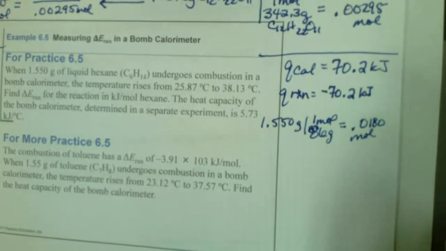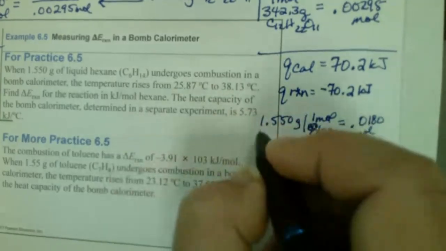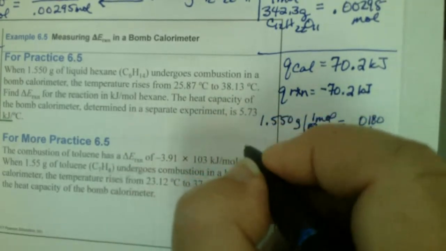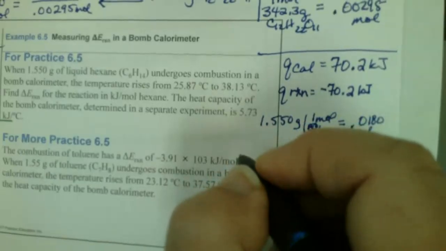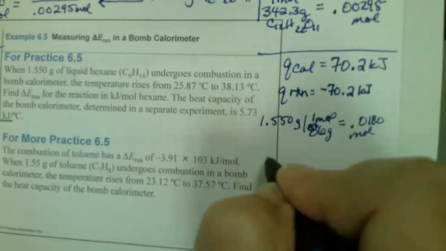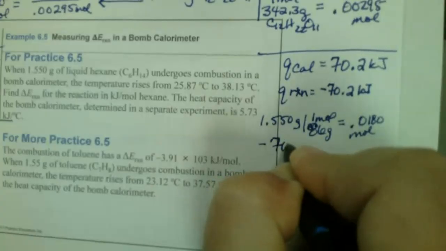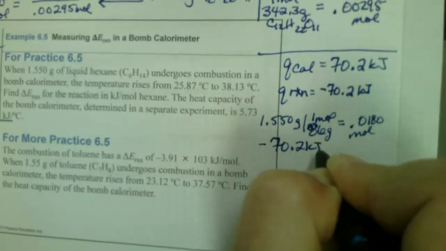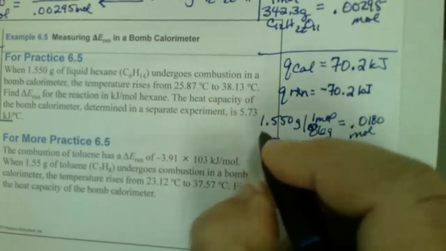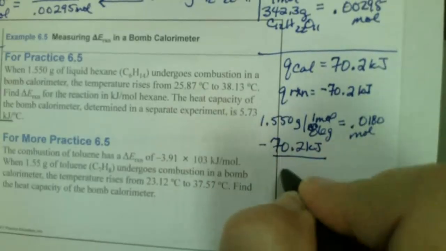Okay. I think I've got two problems running into each other. Oh, I think I fixed it. Okay. So then I'm going to take my value, divide that by my moles.